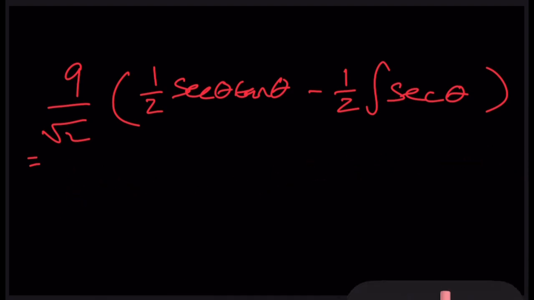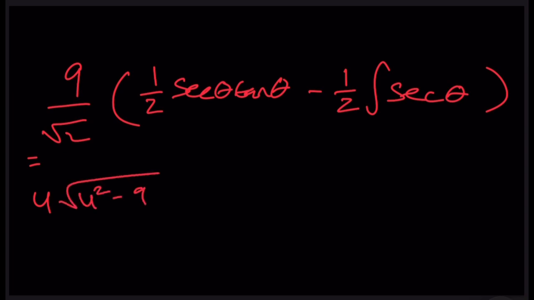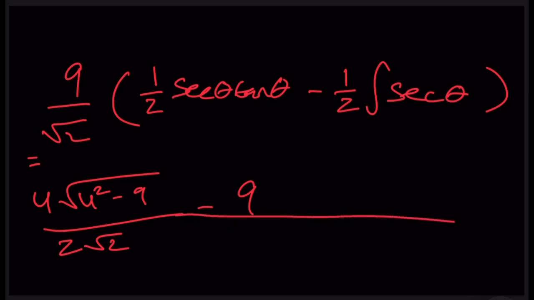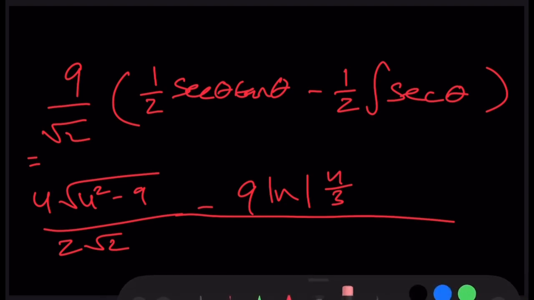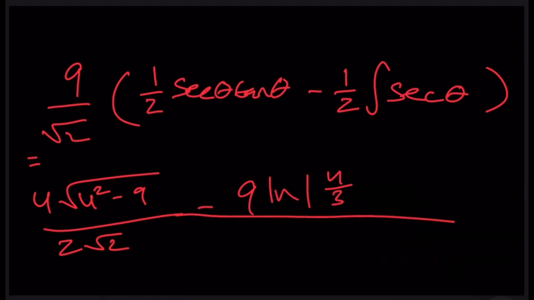This will all be equal to, I believe, u square root u squared minus 9 all over 2 root 2, and then this will be minus 9 over 2 root 2 ln of secant theta, which we said was u over 3, and then tangent theta is square root of u squared minus 9 over 3. All of this plus c.